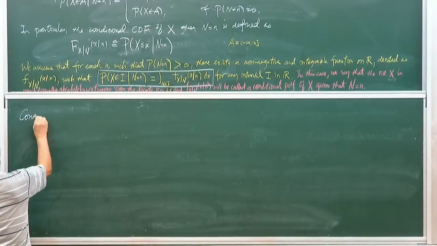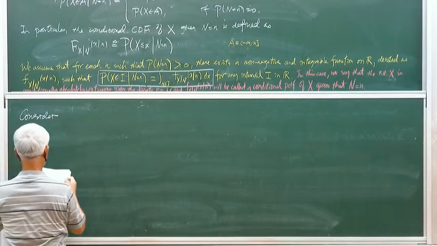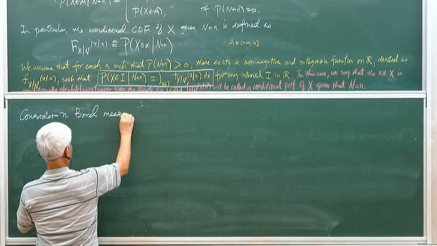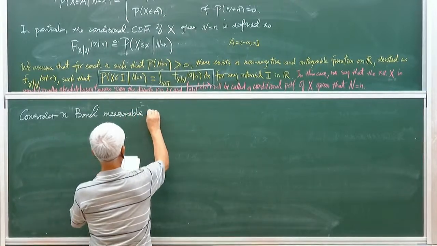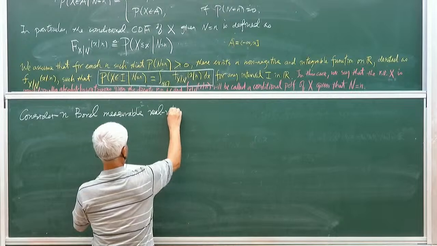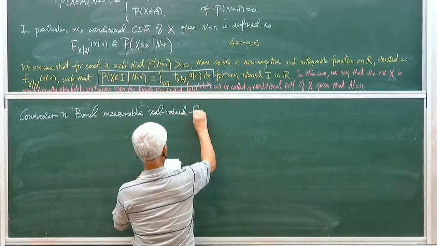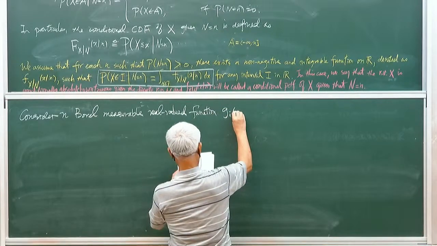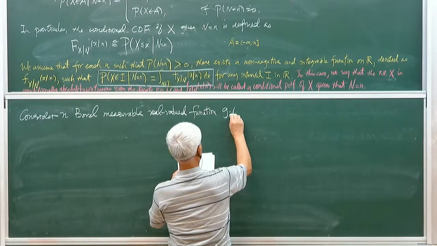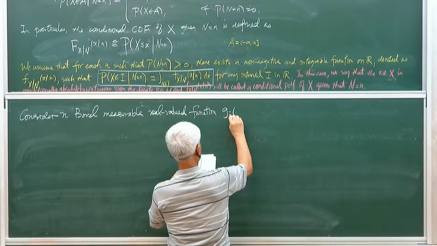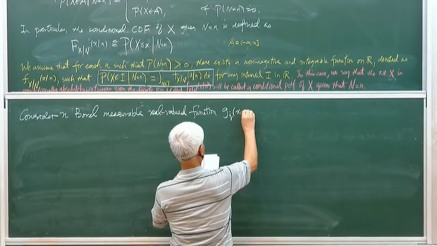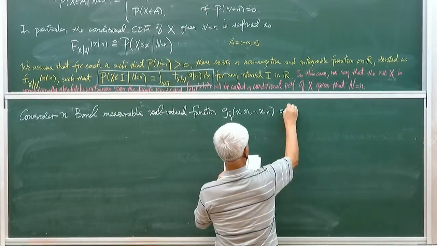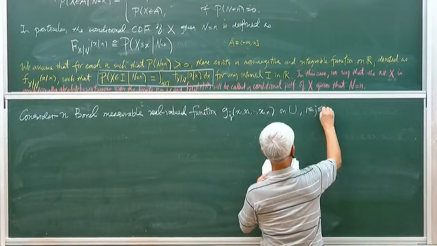Now consider n Borel measurable real valued functions g_j(x1, x2, up to xn) on U for all j from 1 to n.